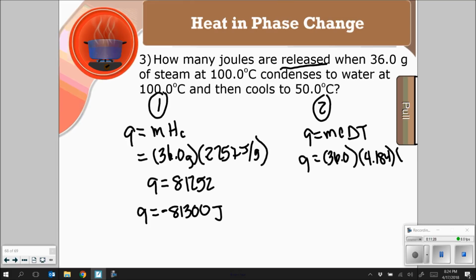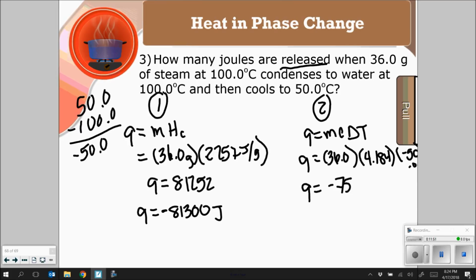And my change in T in this case is going to be 50 minus 100. Final minus initial, so we get negative 50.0 degrees, sorry, ran out of room. So I'm going to go ahead and solve, and when I do significant figures, 3 significant digits, I get negative 7530 joules.